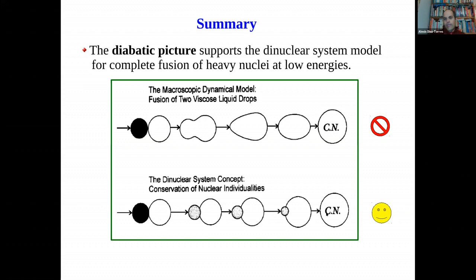From this study, using these phenomenological adiabatic and diabatic two-center potential energy models, I learned that fusion pathways along the mass asymmetry coordinate operate with larger probability than the fusion pathways along the lambda degree of freedom.